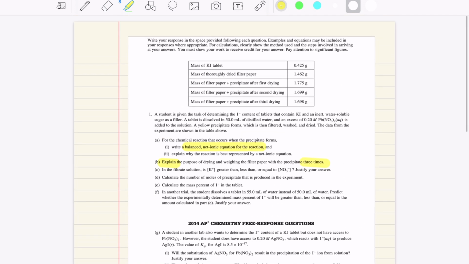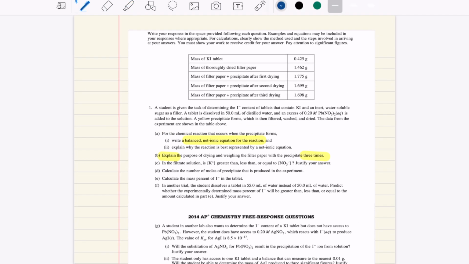So if we go back to the table, we can see that after weighing after the first dry, we have 1.775 grams. And then later, after drying again and then weighing again, the weight changed by quite a bit, right? It's now 1.699, right? And then the third time, it didn't change much. It's just a little bit, it's 1.698, right?